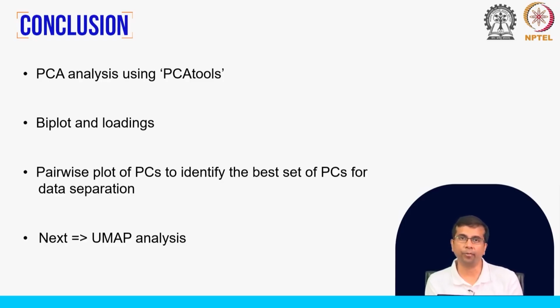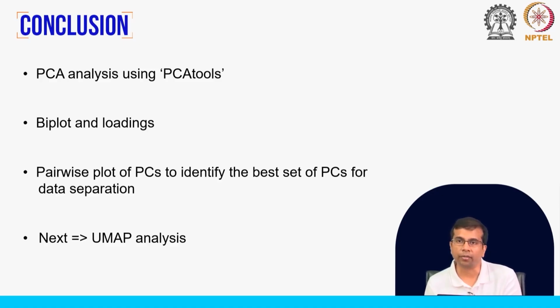We started with prcomp, then we used VectorMind R, and then finally we used PCAtools, and in all of this we have seen the biplot loadings in some way, and we could sort these loading values and identify the most important features, whether genes or some of these features that we talked about in this data set. In PCAtools we have talked about something unique where we can look into the pairwise plot of PCs, and this might help us identify the best set of PCs for separation of these different clusters.